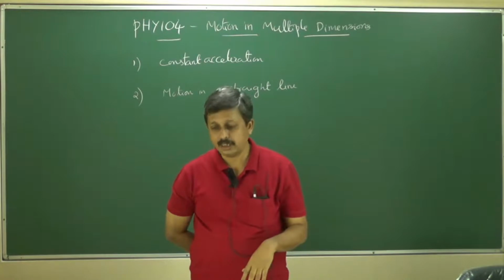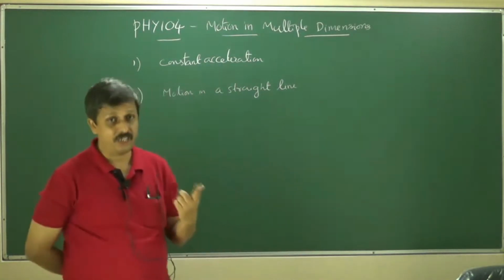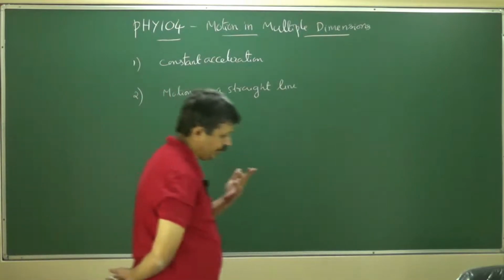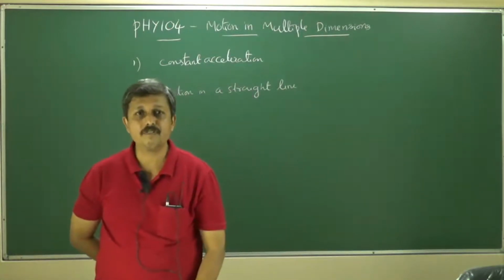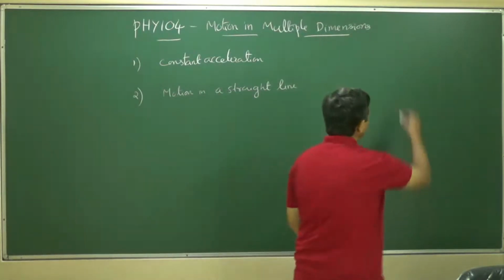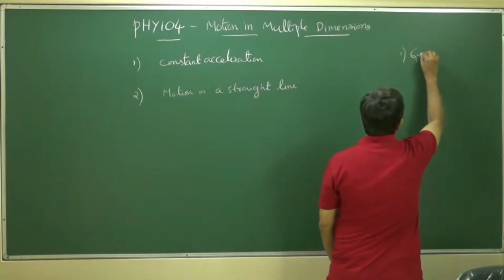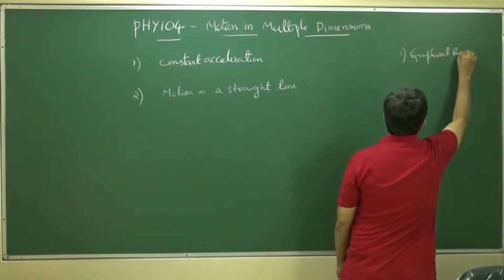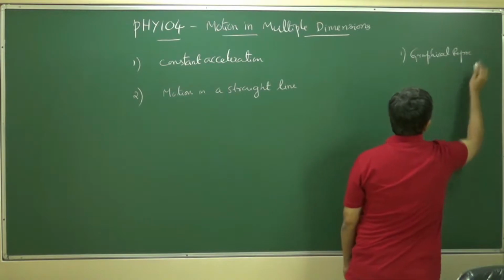So I'm also going to talk about a few more things, which we will study in more detail now. What are those few more things? One is the graphical representation. We did a lot of graphical representation, but now we will go into a little more detail.